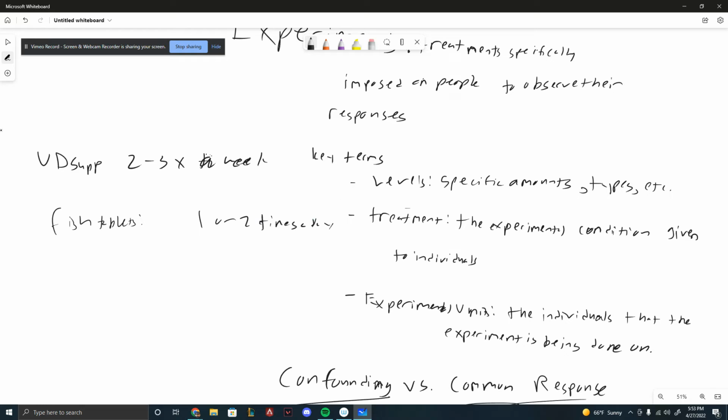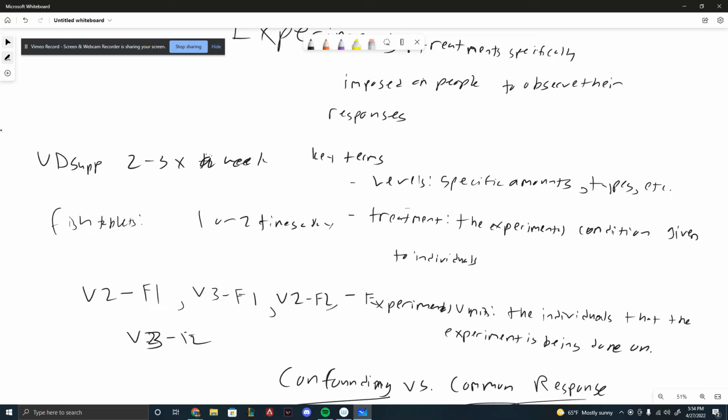So your treatments would be V2 F1, V3 F1, V2 F2, and V3 F2.